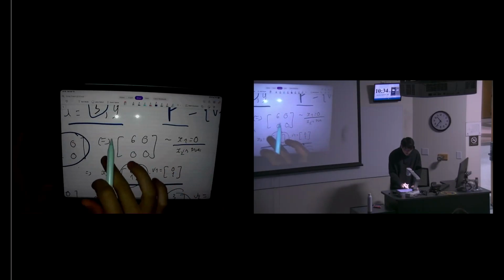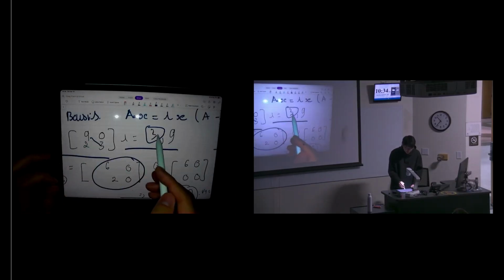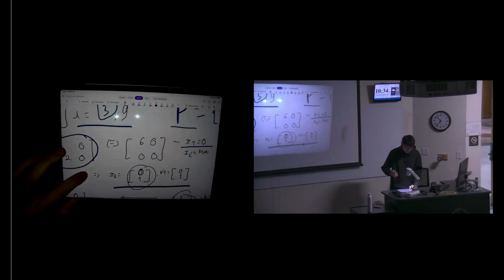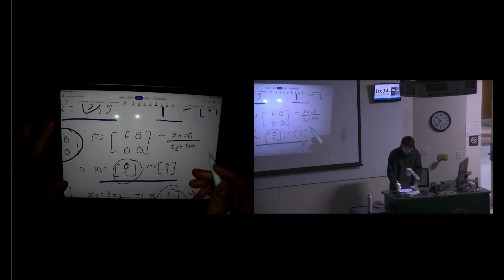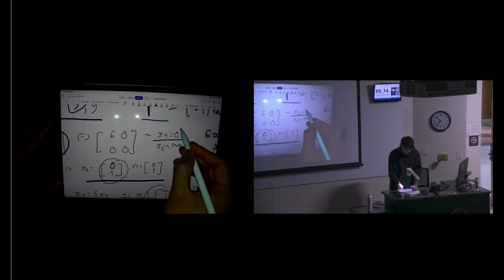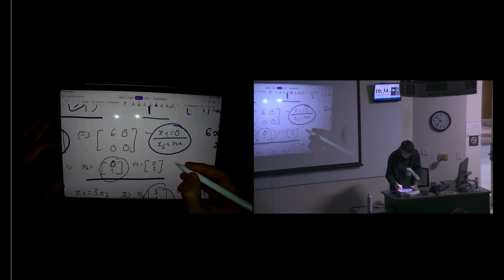So if you guys are doing the minus, your matrix A right here, you minus the eigenvalues, and you turn it into the basis using free variables, you can find this equation right here and say that x2 is free, and we can use x2 as our first vector in the eigenvector.